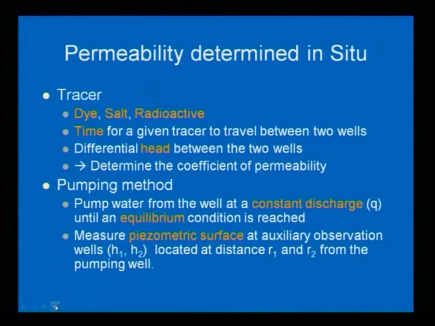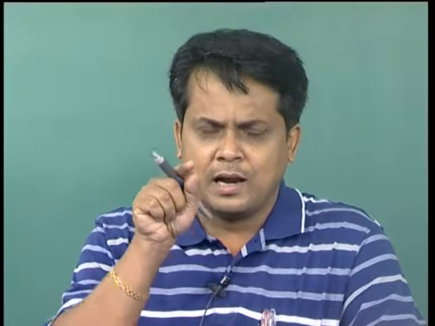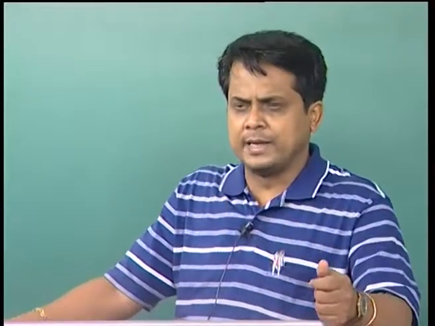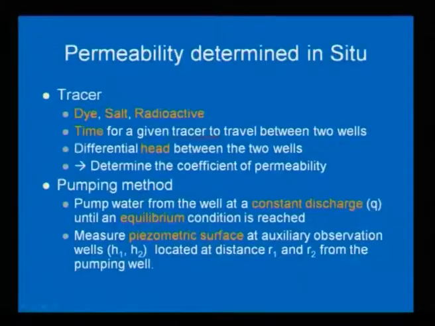Tracers can be dye, salt or radioactive material. You make two wells in the field and allow dye inside the water. You measure the time for the given tracer to travel from one well to the other, and also the differential head between the two wells, and then you find your permeability.